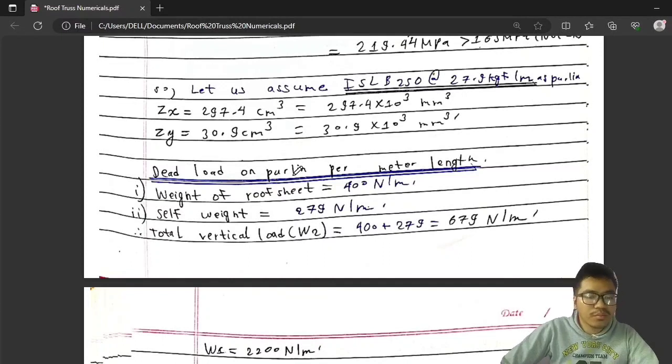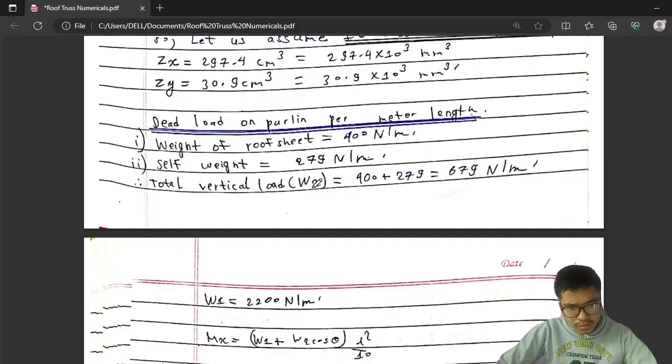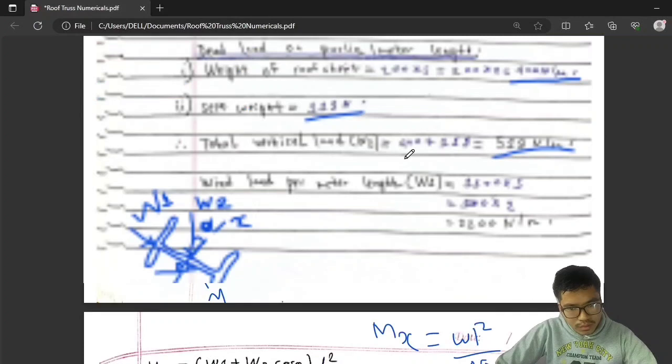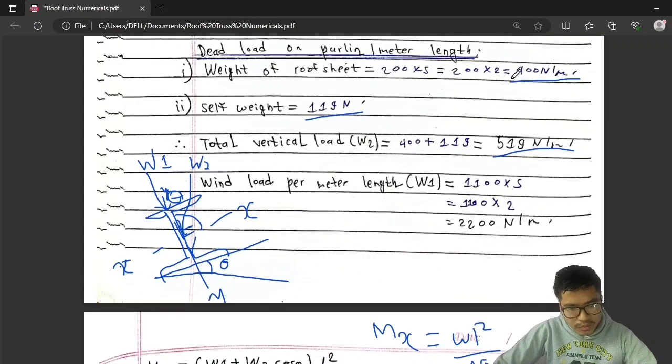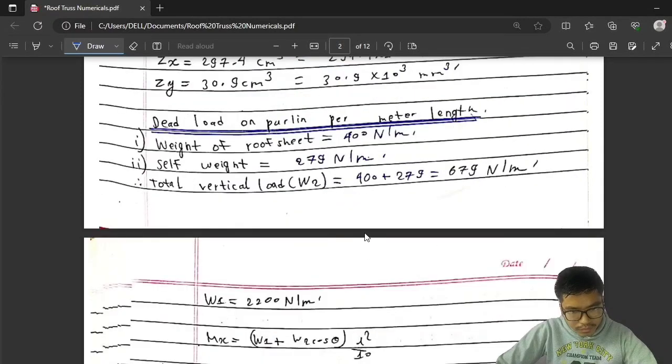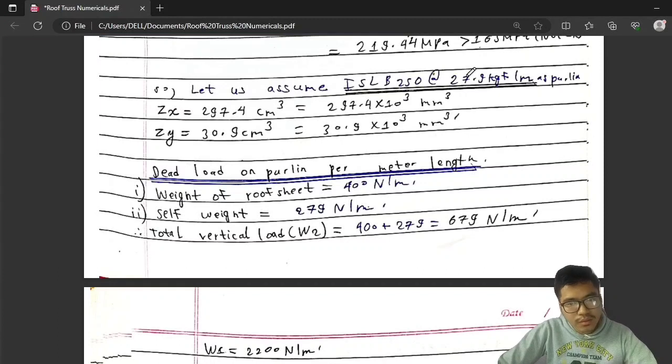So dead load on purlin per meter: weight of roof sheet is 400 as in previous, but self weight is 27.9 into approximately 10, that is 279 Newton.